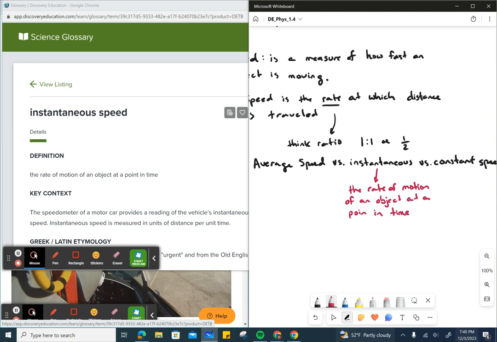At exactly 7:32 a.m., Mr. Meyer's instantaneous speed was 82 miles per hour at a point in time, right?